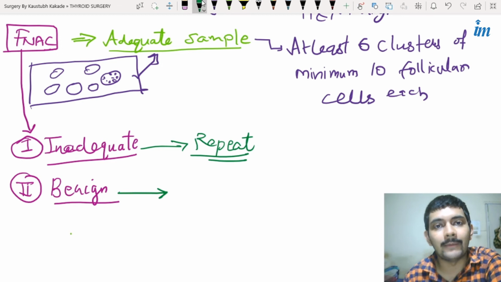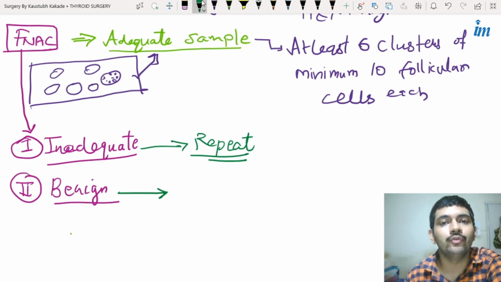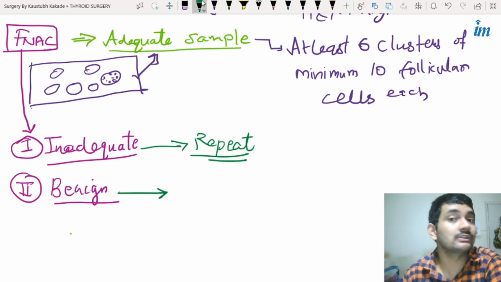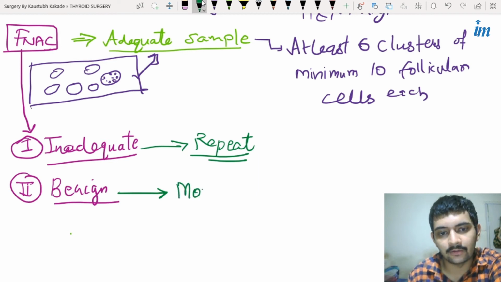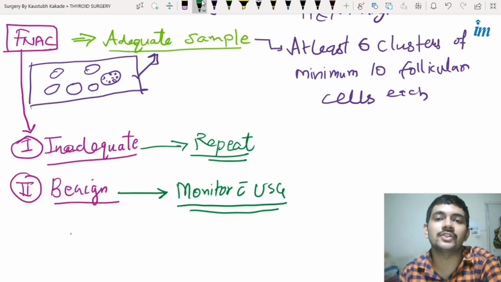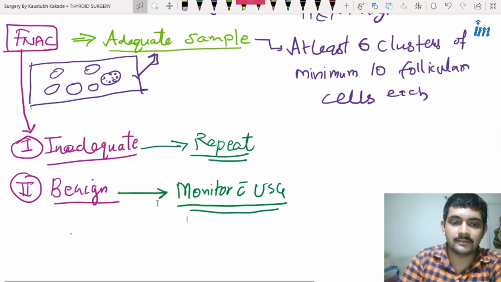So do you leave the patient as it is? No, you're not going to leave the patient as it is. You're going to monitor this patient with an ultrasound.